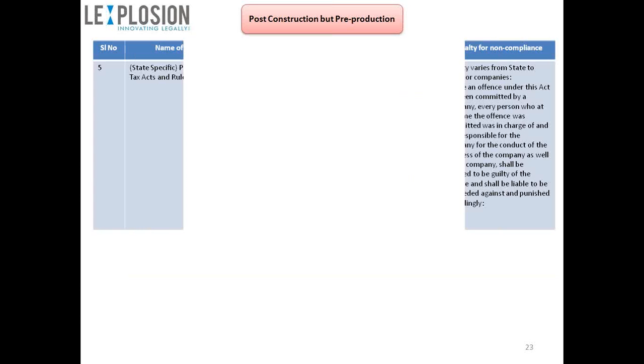You need to ensure that you are registered under the Professional Tax Act and the rules. You need to ensure that a certificate of enrollment is obtained from the authority specified under the Professional Tax Act and rules, under whose jurisdiction the principal office is situated, and for all units within the state where the factory is situated.